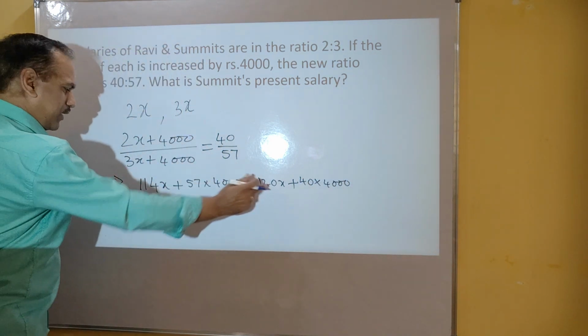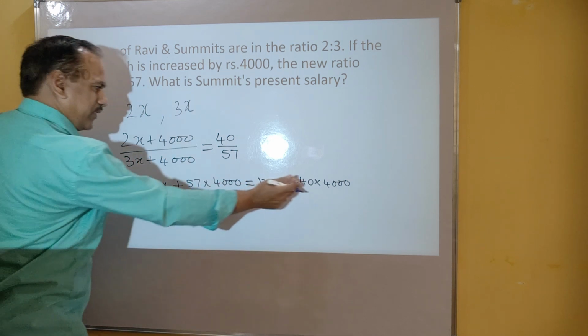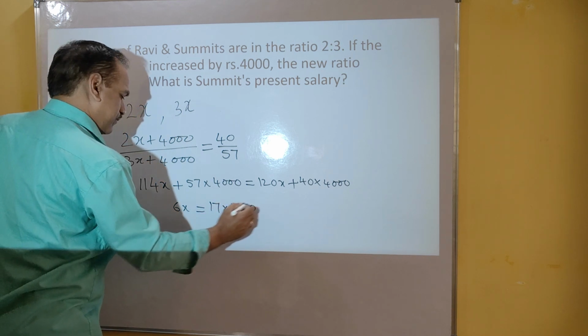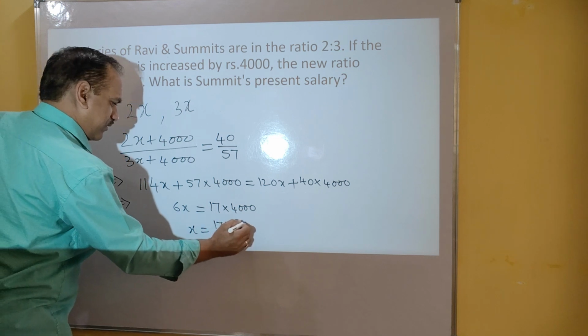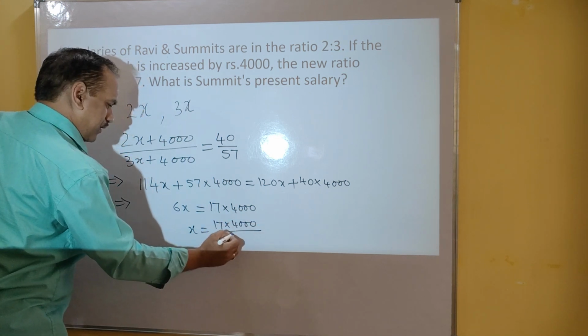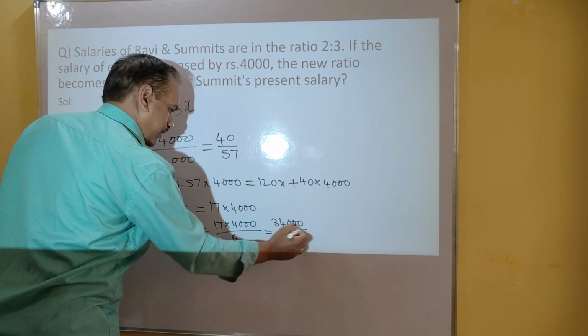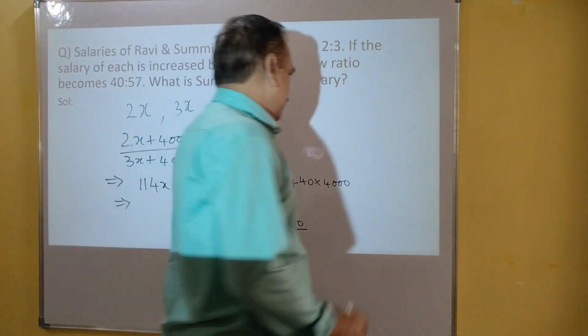So this is 120 minus 114, 6x, 57 minus 40, 17 into 4,000. So x equals 17 into 4,000 by 6. It is 34,000 by 3. Now this is x.